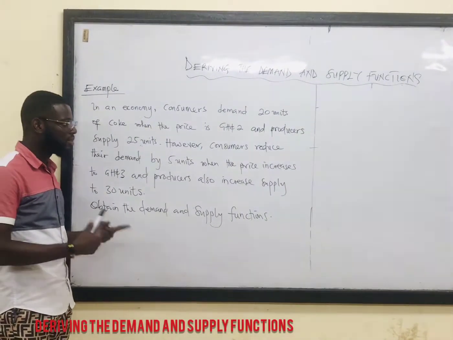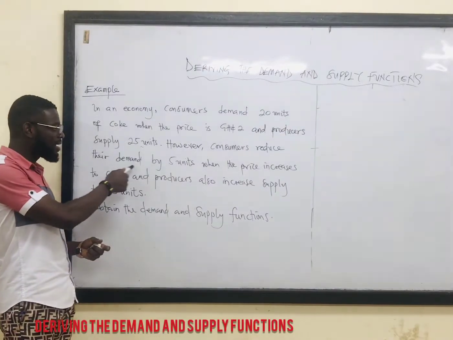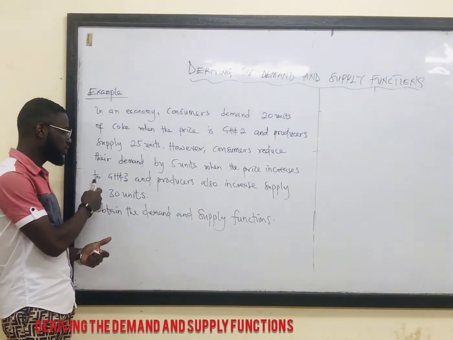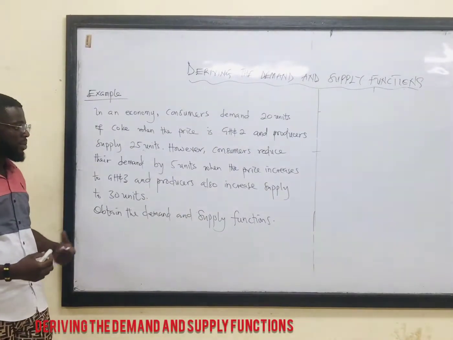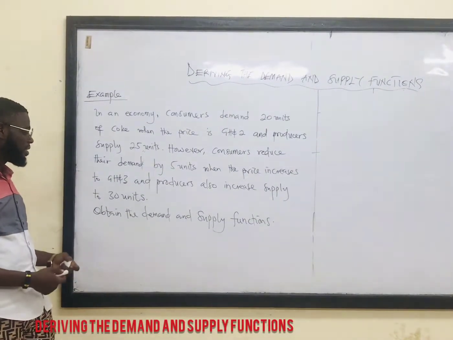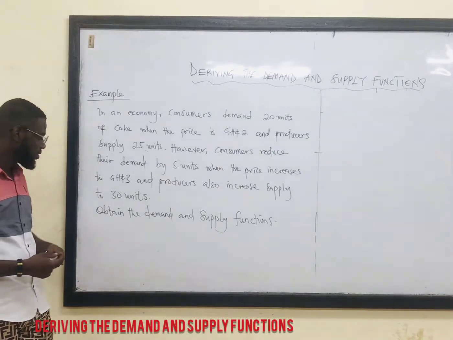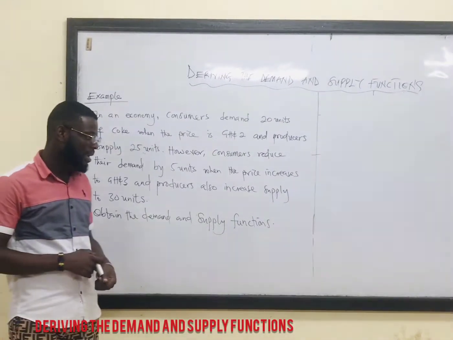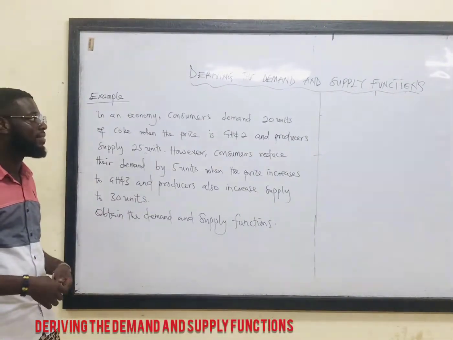However, consumers reduce their demand by 5 units when the price increases to 3 Ghana cedis, and producers also increase supply to 30 units. However, we are to obtain the demand and supply functions for the data given.